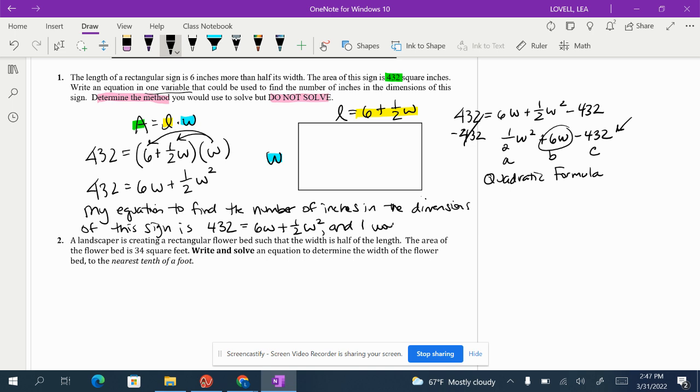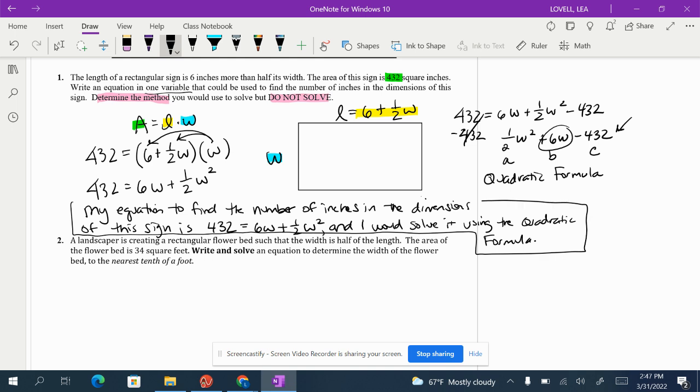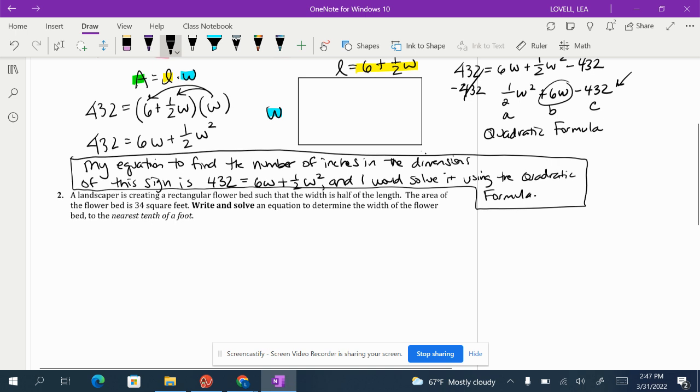And I would solve it using the quadratic formula. Excellent. And then just put a little box around your answer so whoever is grading it knows exactly where all of your smart thoughts are located.